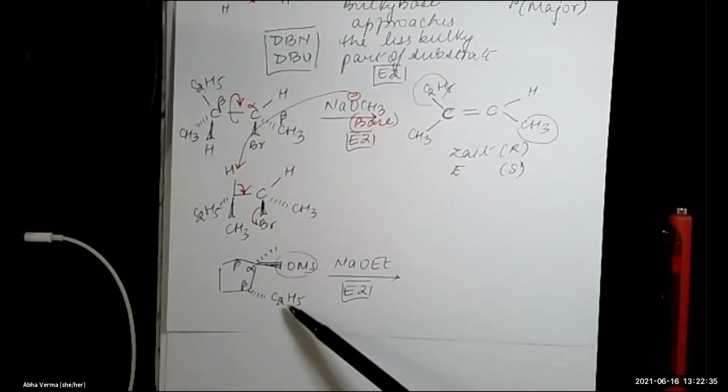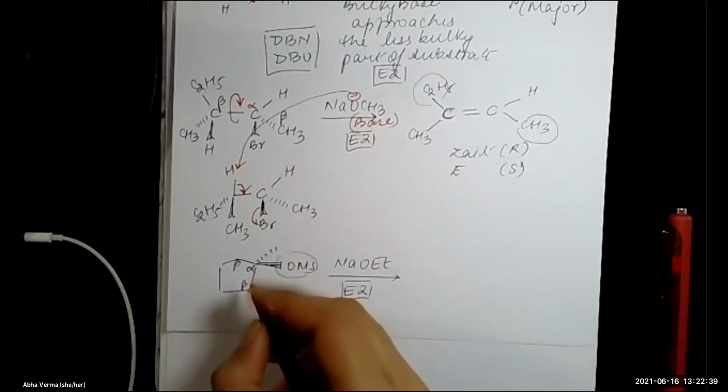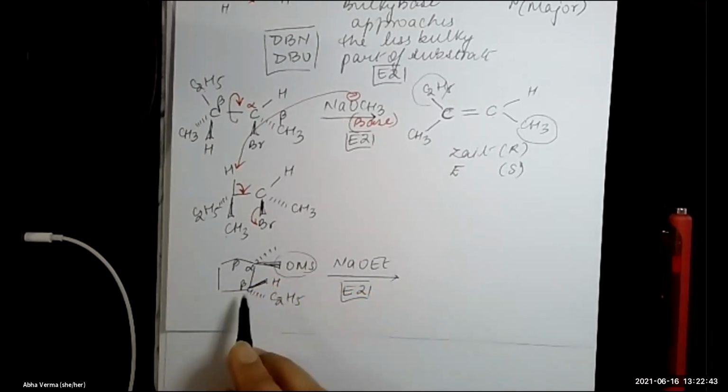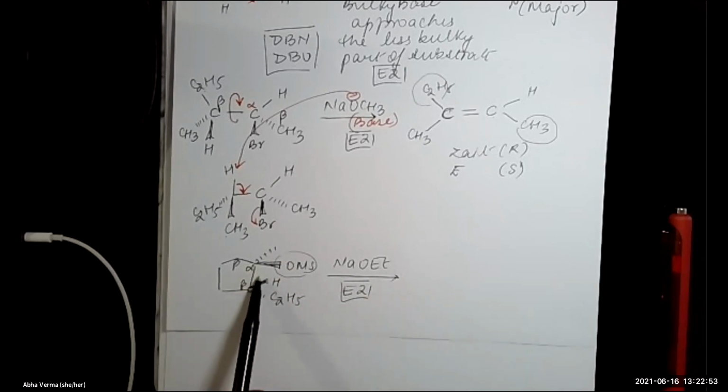They are not in the same plane. So where is the hydrogen of this? The hydrogen of this beta carbon is syn to your leaving group. Is this something that you can fix by rotating on this bond? We cannot do that.